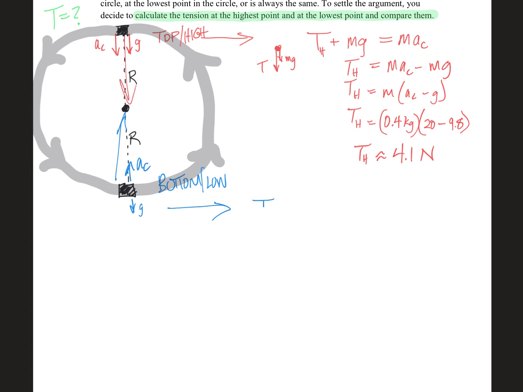So the tension at the low point, okay, so that tension is going to be going up on our diagram, okay, so that's one force. The weight is going to be going down at the low point of the swing of this noisemaker. And that sum of forces, the net force, has to equal MAC again. So notice the difference.